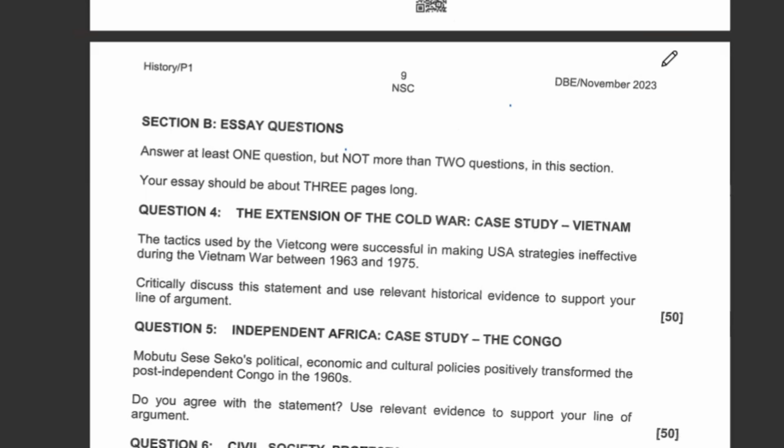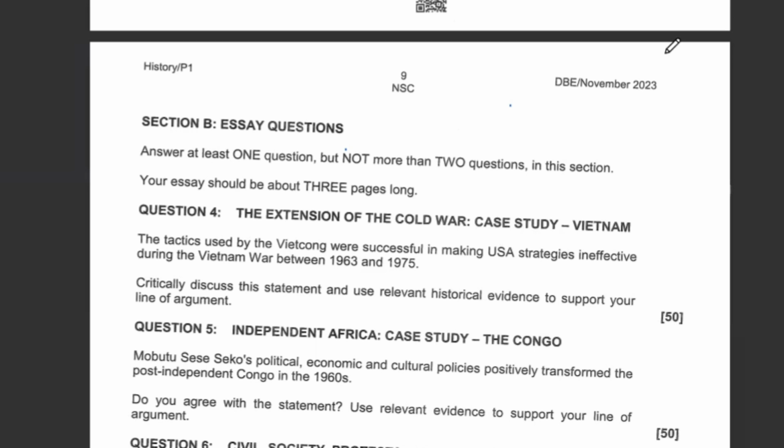Then we have the second E in PEEL, meaning that you should give evidence. Give historical evidence to substantiate your explanation. To make your explanation tangible, we need some pieces of historical evidence. What are you supposed to use as historical evidence when you are elaborating in your essay?